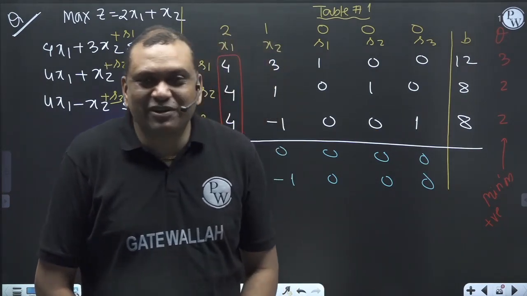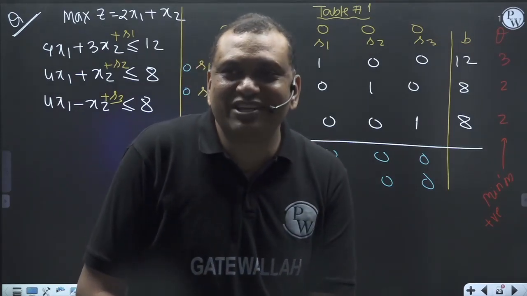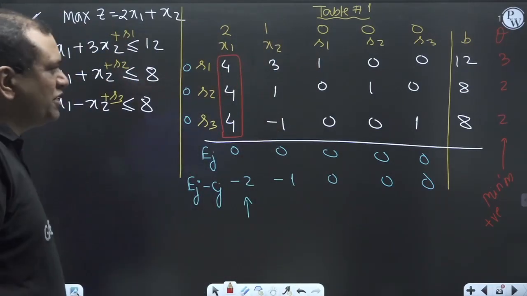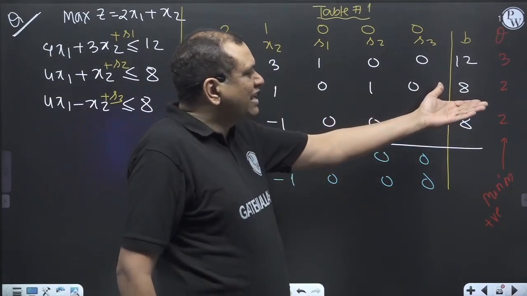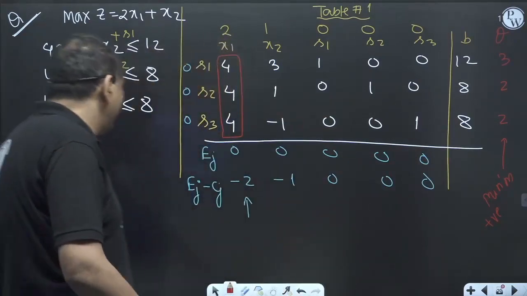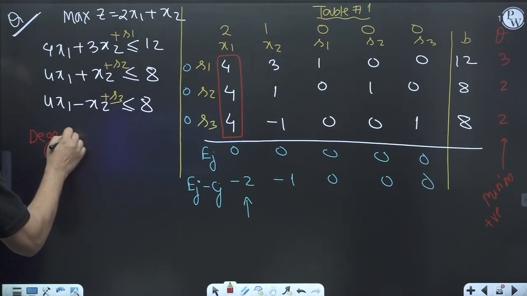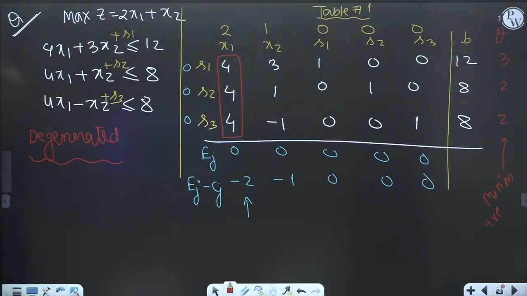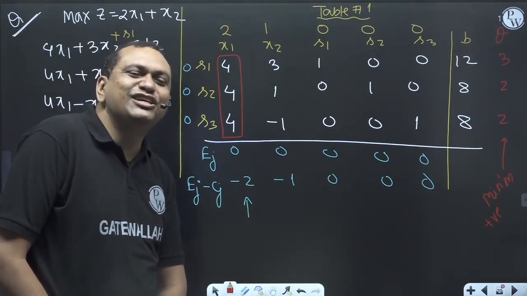In a simplex procedure in which you are not able to decide the leaving row, this is called a degenerate problem.